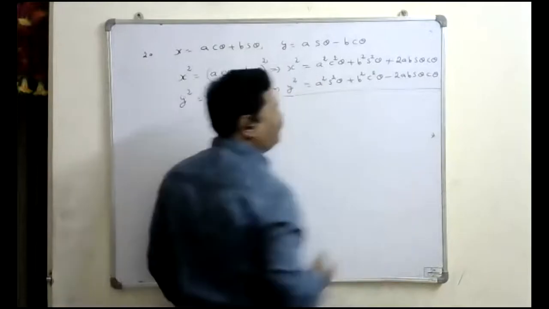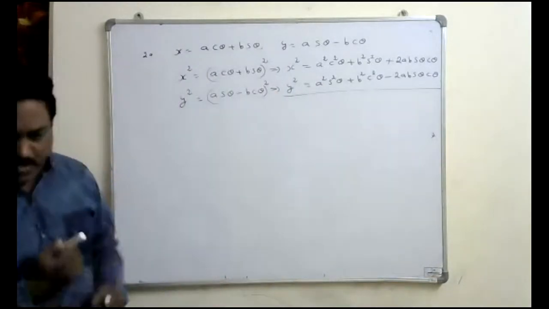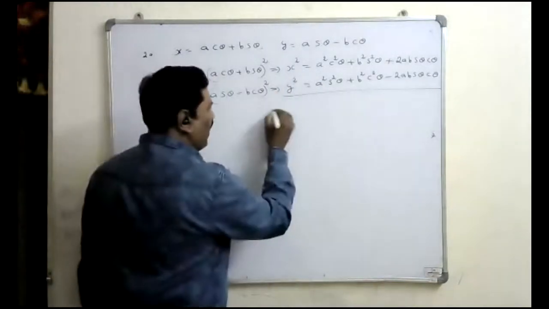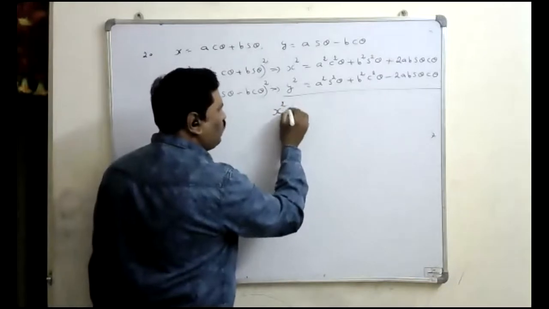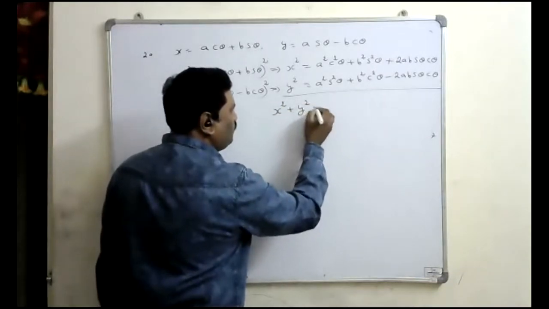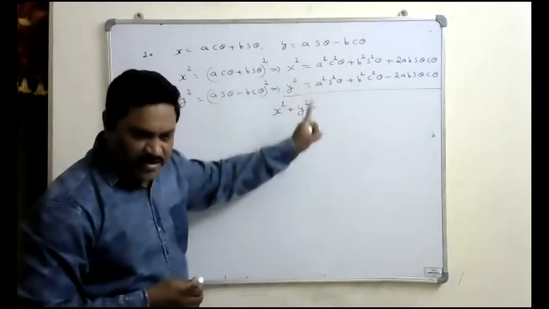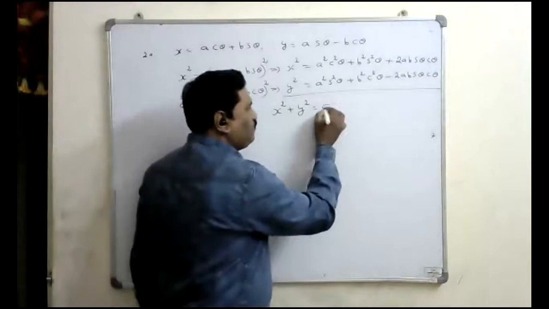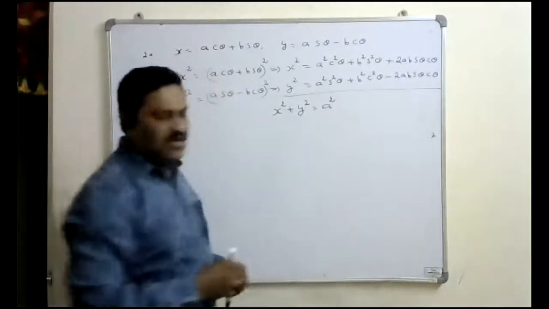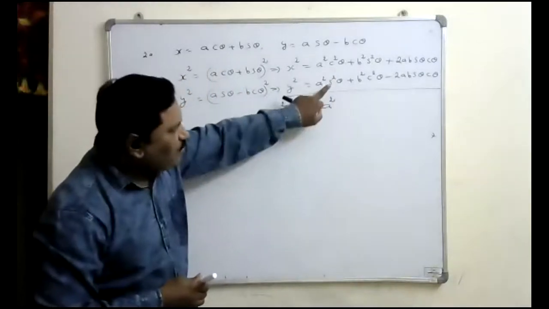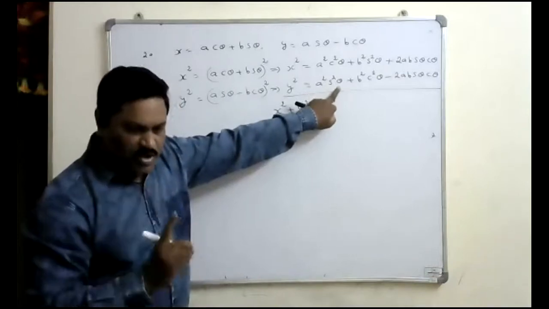Now we will add these both equations. If we add them, x square plus y square is equal to, observe here, from the first two terms I can take a square common. The remaining is cos square theta plus sin square theta, which is 1.